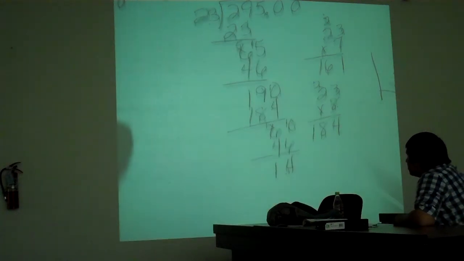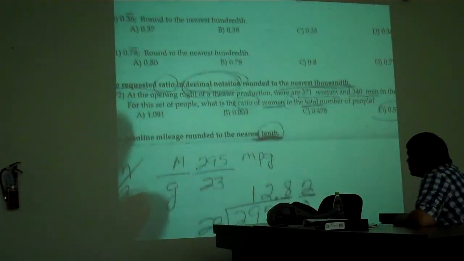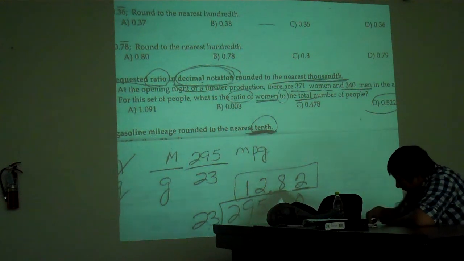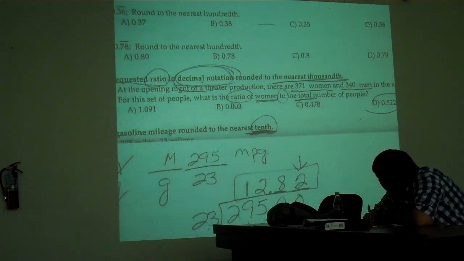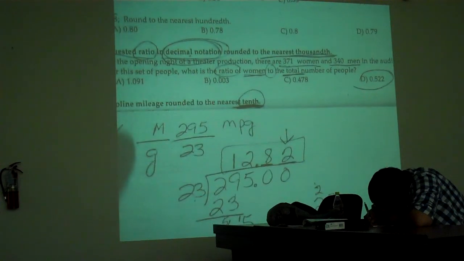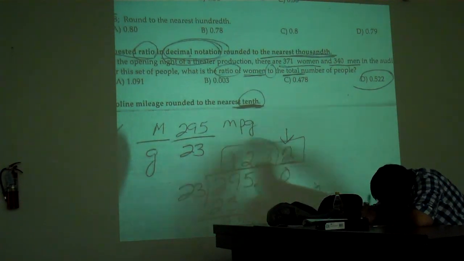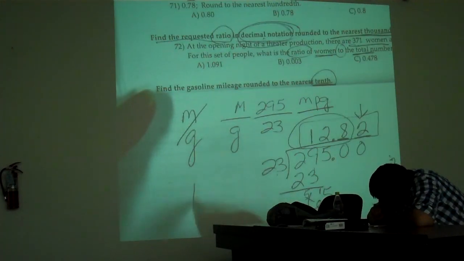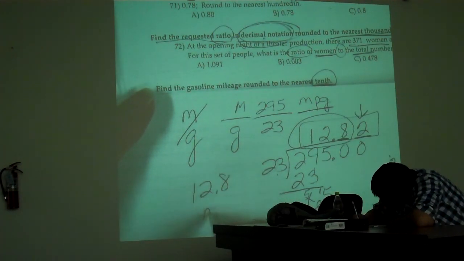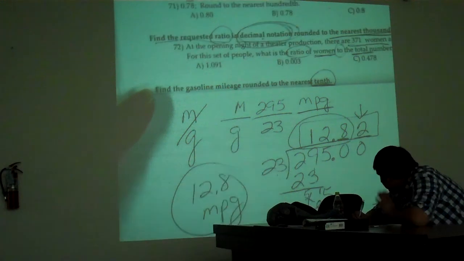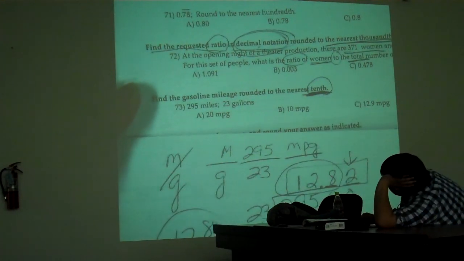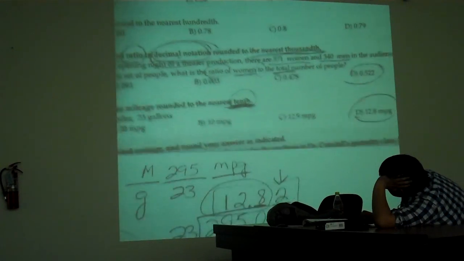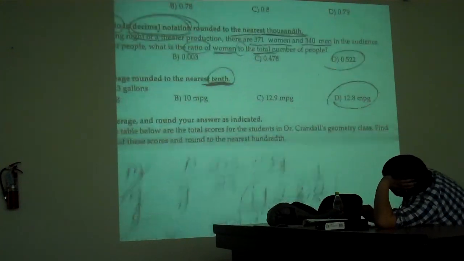Now we have 2 numbers plus our decimal. We're rounding to the tenth. So the 2 is not going to round up, is it? So it's 12.8 miles per gallon. Must be a big truck to get that bad of mileage.